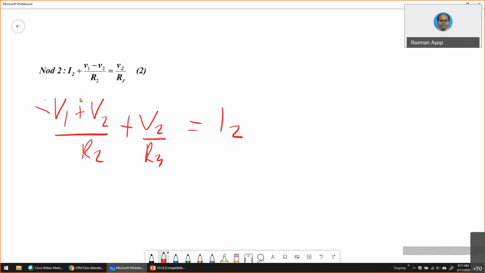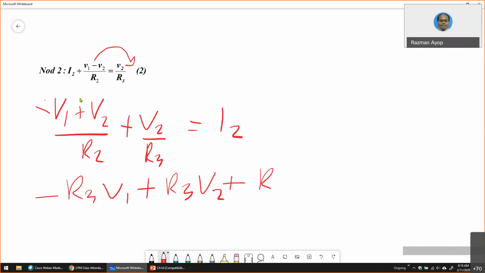So you just move it here. Then multiply by R2 R3: negative R3 V1 plus R3 V2 plus R2 V2 equals to I2.